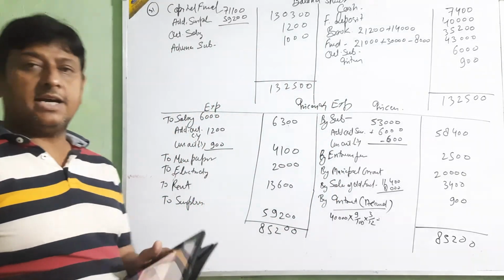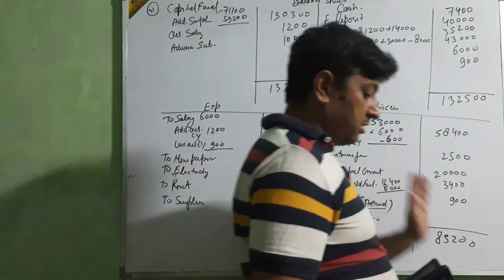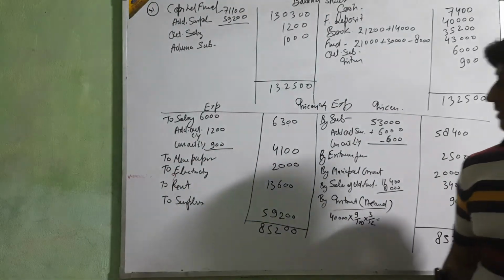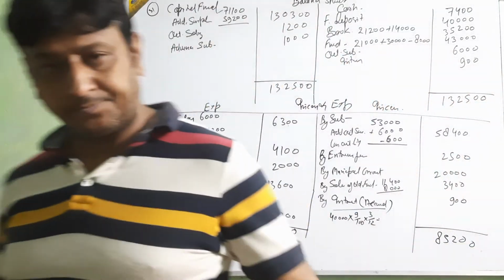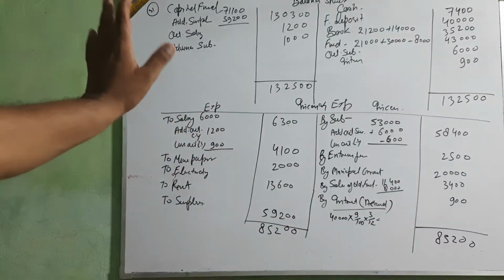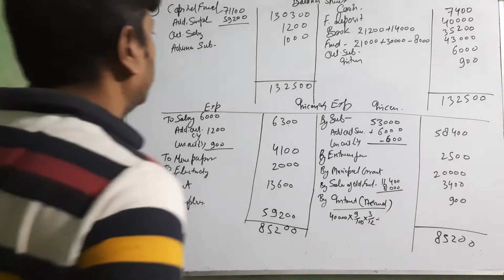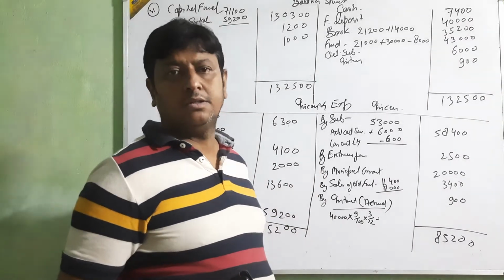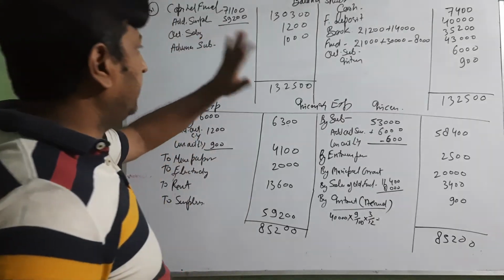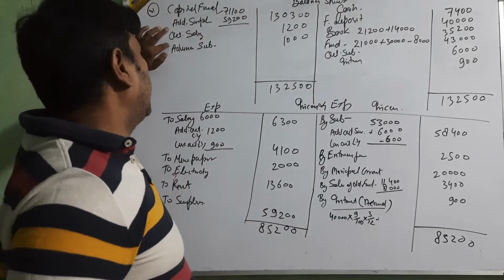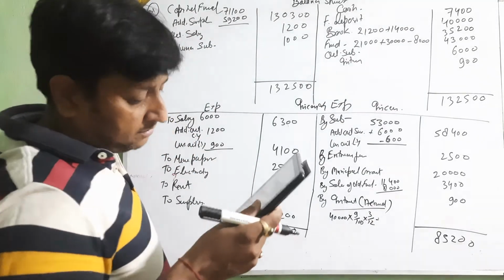Okay, clear? How I am going to solve this question, is it clear or not? Clear, beta? In which way they solve the question? Clear, na? All the things. It's an advance subscription. Just see the question.